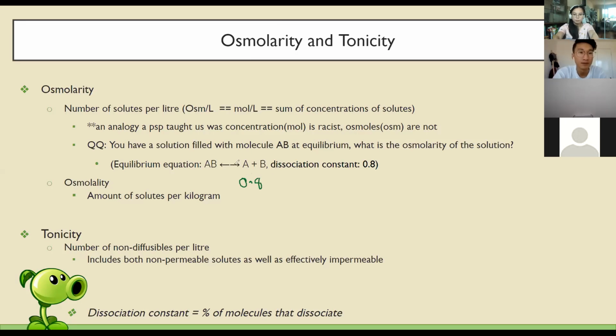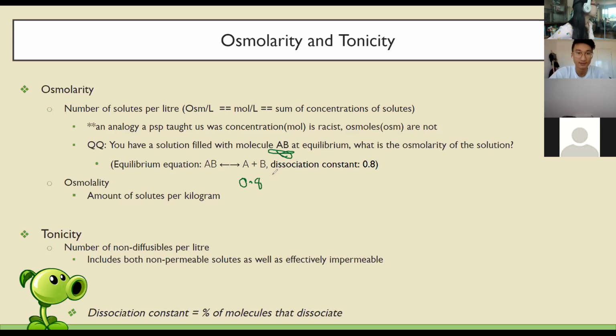So 0.8 just means that 80% of this molecule AB will become A plus B. In terms of osmoles and molarity, one thing I forgot to mention that might have helped: osmoles are equal to moles, the sum of all the moles.